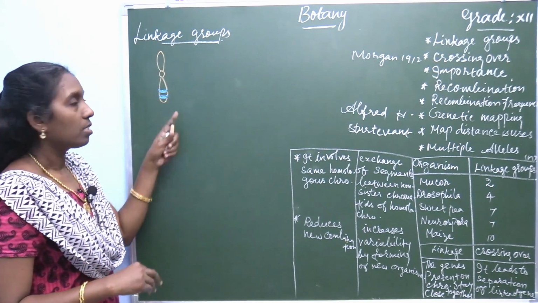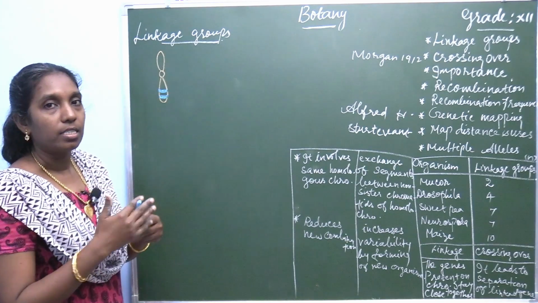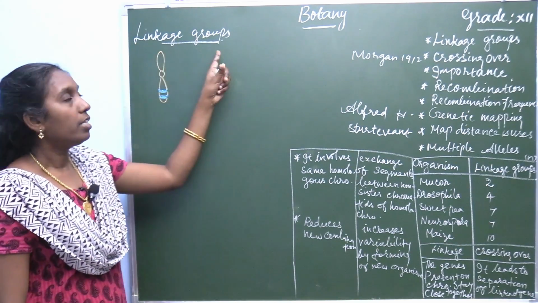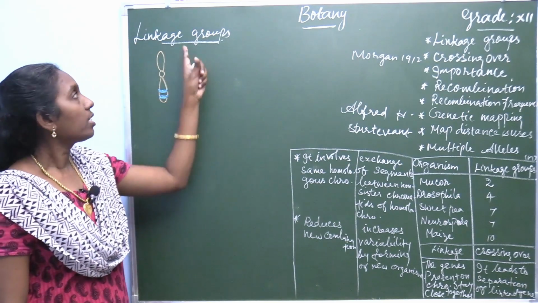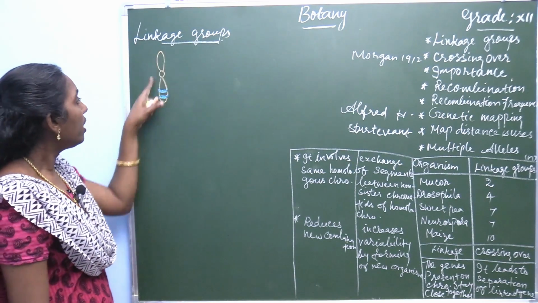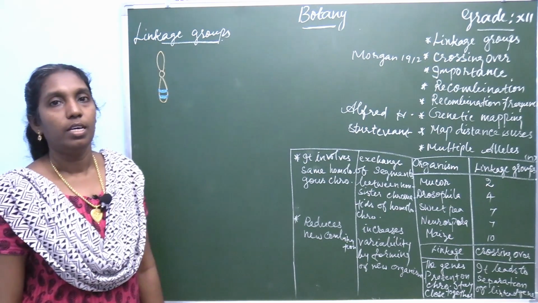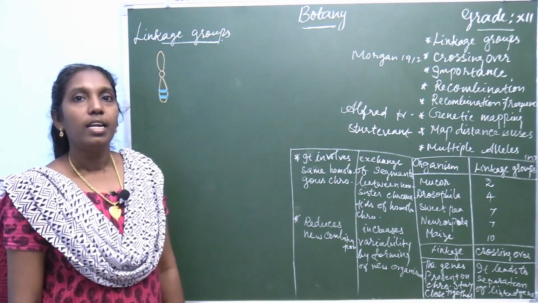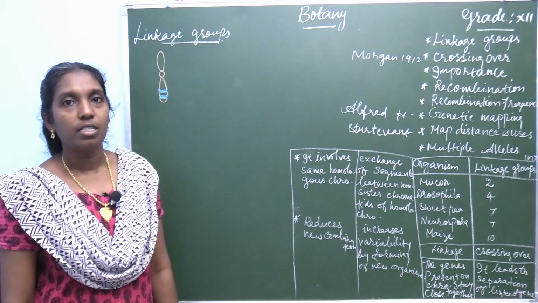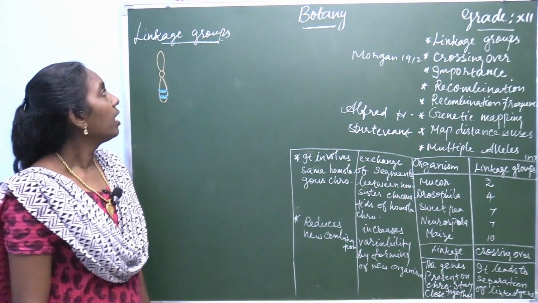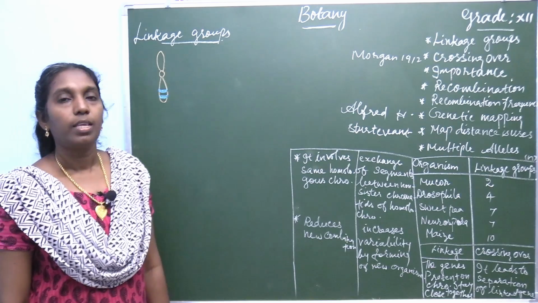So these genes have a possibility to be linked and inherited together. Linkage groups are groups of linearly arranged linked genes on a chromosome.